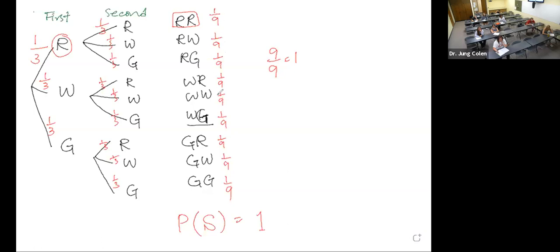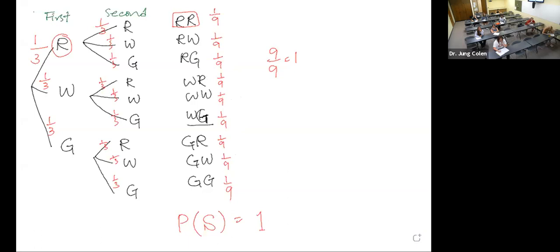For any outcomes you have, you find the probability for each, and when you add them together, it should be the sample space, so the probability has to be 1. If the sum of all the possible outcomes' probabilities is not 1, something went wrong. You need to check, okay? So that's the key.